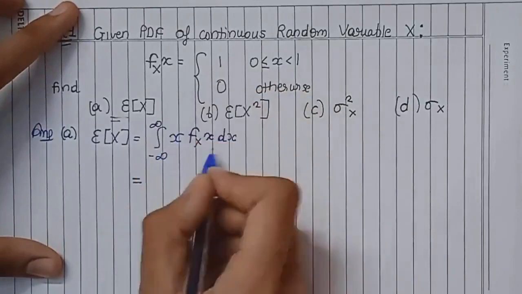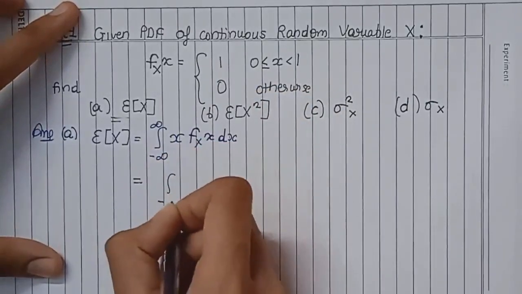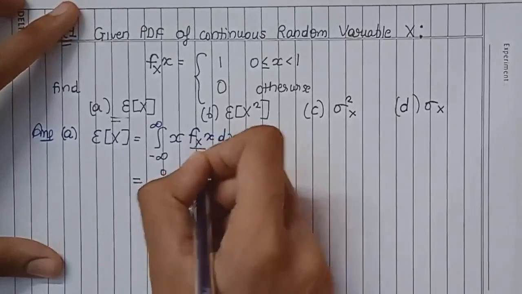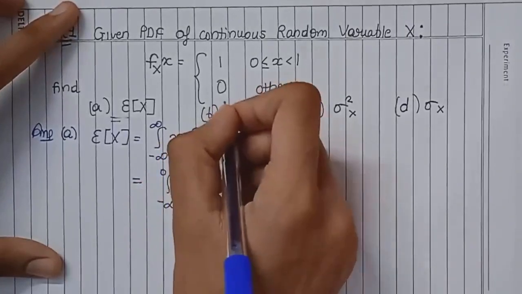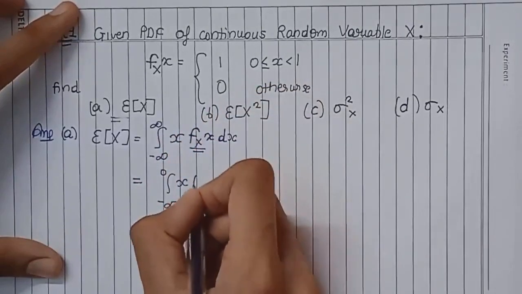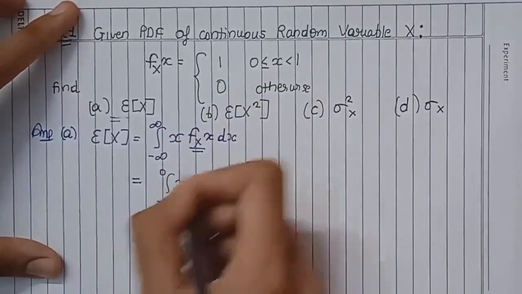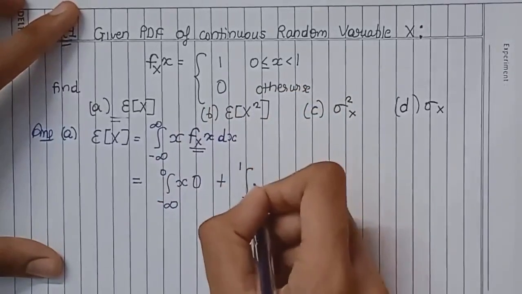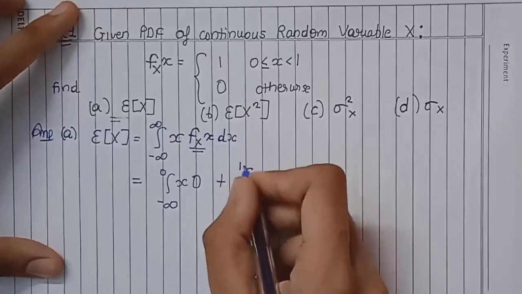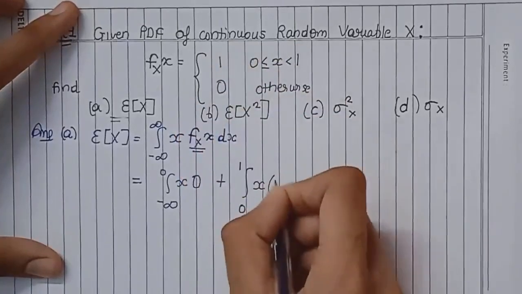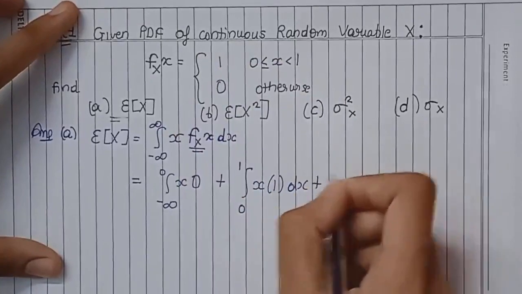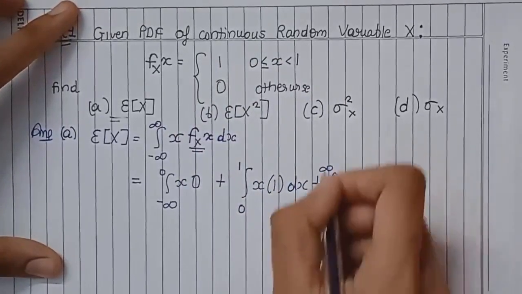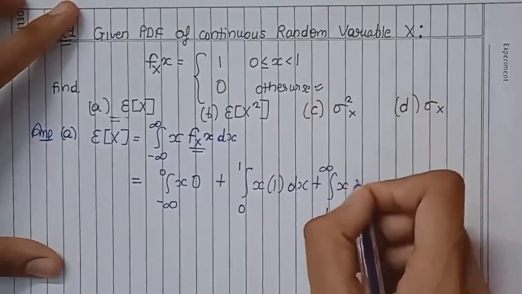So I can break this in the interval first from minus infinity to 0 x, and here the PDF value is 0. In this range the PDF value is 0, and now I will integrate it from 0 to 1, and in this range the PDF value is 1, and now I will integrate from 1 to infinity. Again in this range the PDF value will be 0.